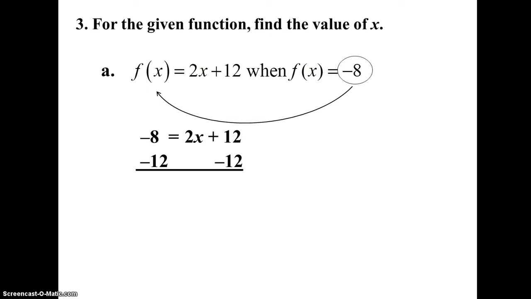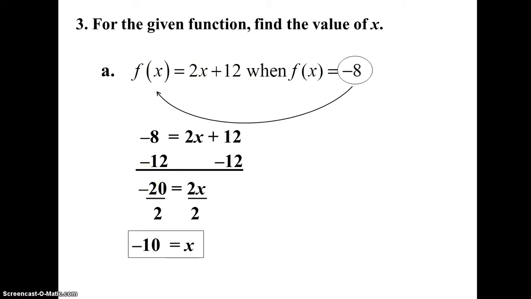So when you work your way backwards, just using basic moves of algebra, you're going to get -20 equals 2x, and then divide both sides by 2, and you should get -10. So x is -10. And that causes f of x to equal -8.